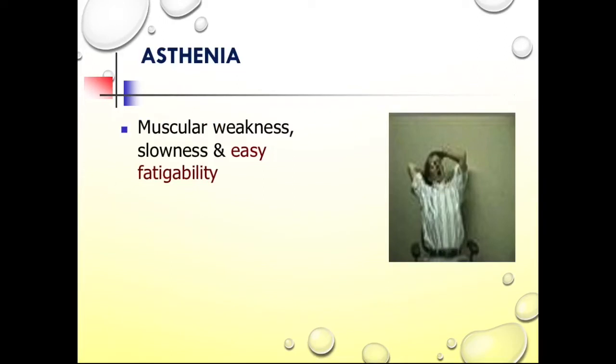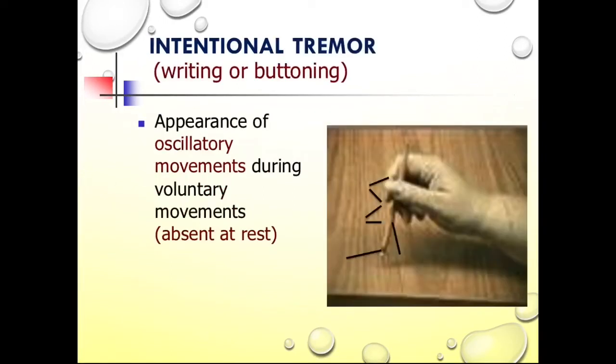You will ask the patient to move the right limb from the heel to the shin, either touching heel and then shin, or moving it along that direction. That person won't be able to perform this smoothly. Asthenia means muscle weakness, slowness or easy fatigability. Then intention tremor is the appearance of oscillatory movement during voluntary movement, absent at rest.